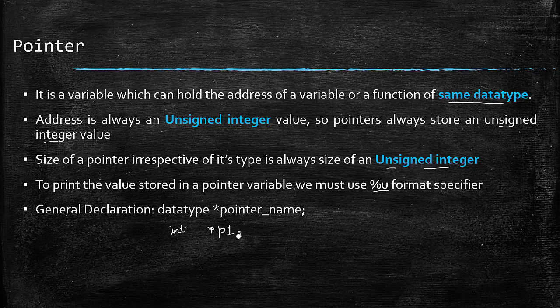Similarly, if we want to declare a floating type of pointer, it will be float star p2. Now, though p1 and p2 are integer and floating type respectively, in both cases their size will be the same, because pointer size is always the size of an unsigned integer.